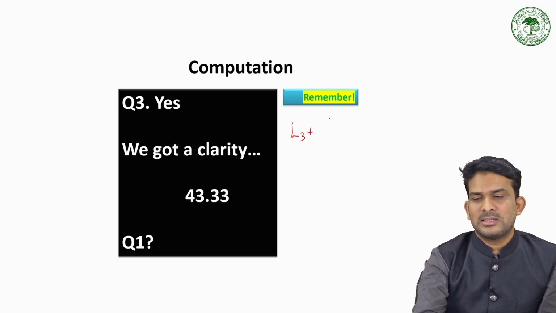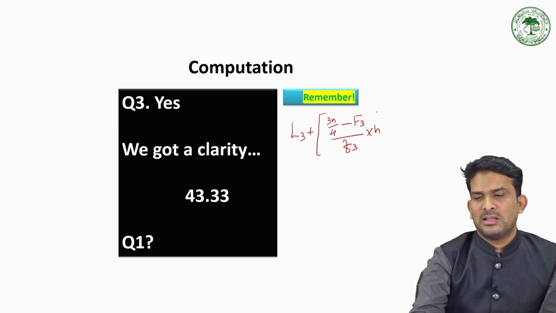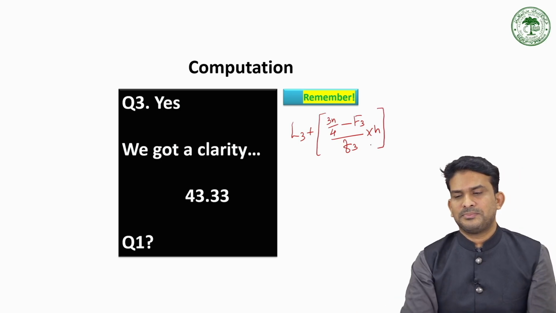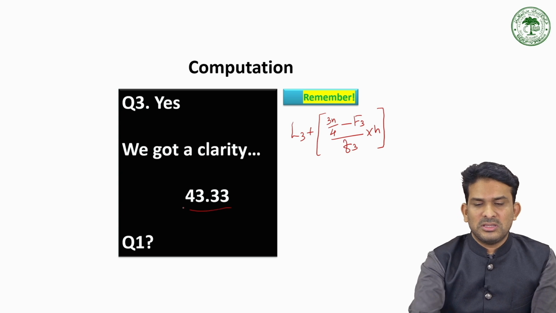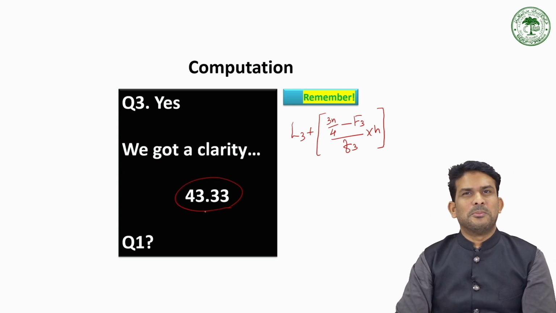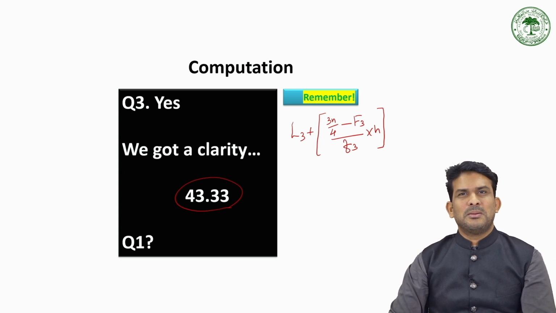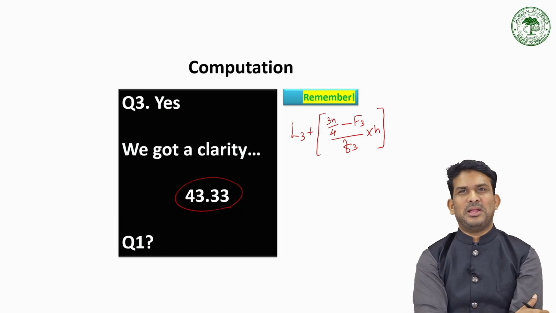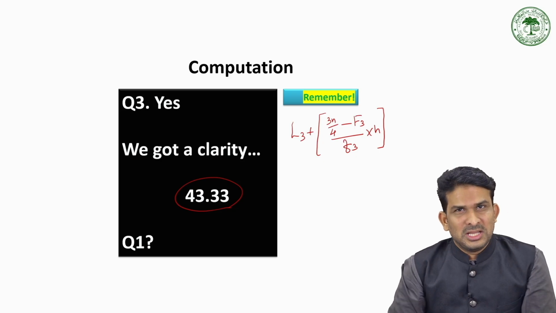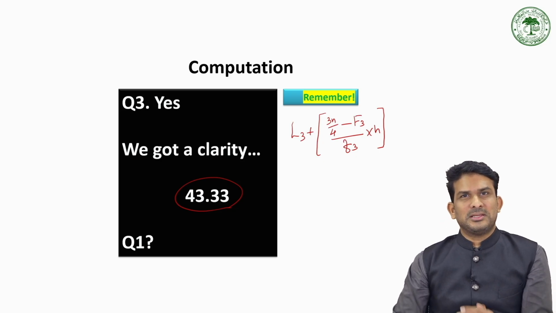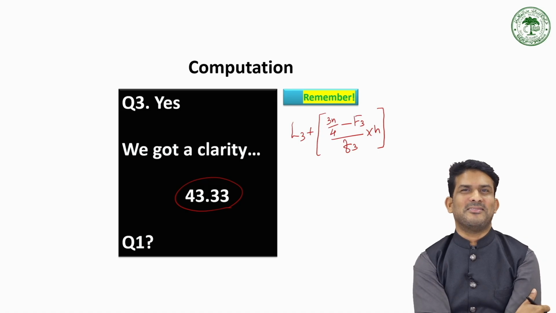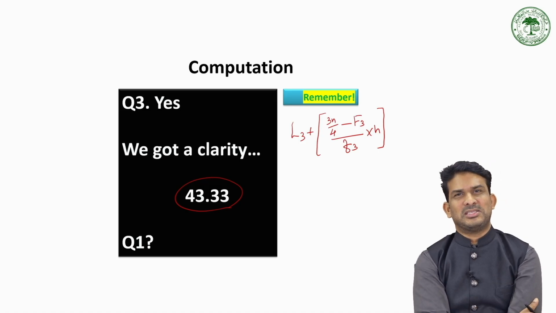L3 plus 3n by 4 minus F3 upon small f3 into class interval. We calculated and got this value in the previous video. We have calculated Q3 and got the value 43.33. Why have I mentioned this? Because we have to incorporate the same result in the quartile deviation calculation in this video as well.